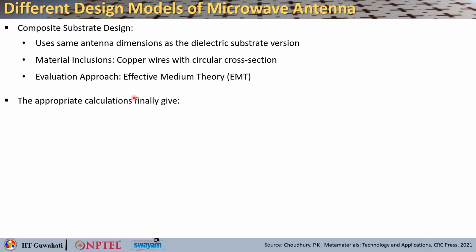Okay. So, all those things, r is basically the wire radius. We can calculate those assuming that the copper wires have circular cross section. And in order to do that, you can take into account the mentioned use of composites or metamaterials.